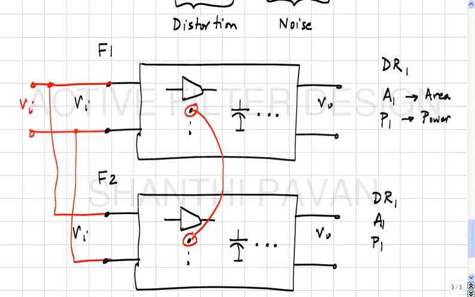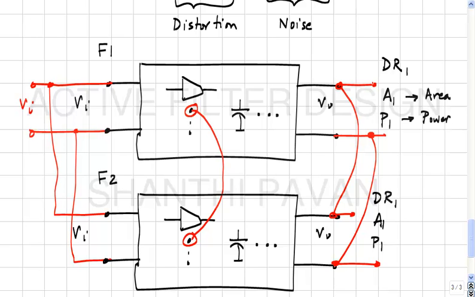No current will pass through the wire. So similarly, if I join this output like this and this output like this, okay, no current will flow through any of these wires. Okay, that is assuming no noise, right?